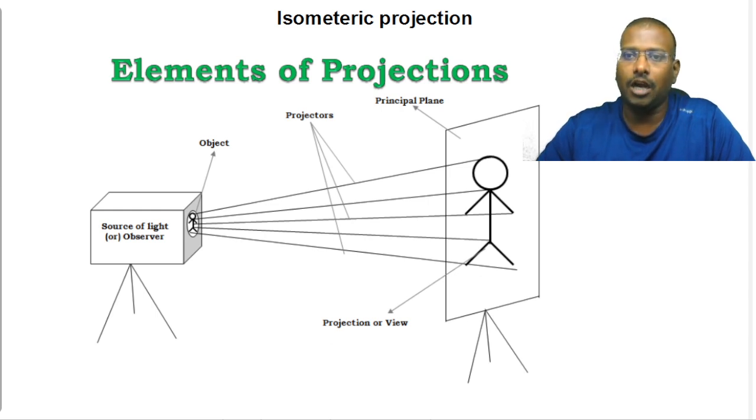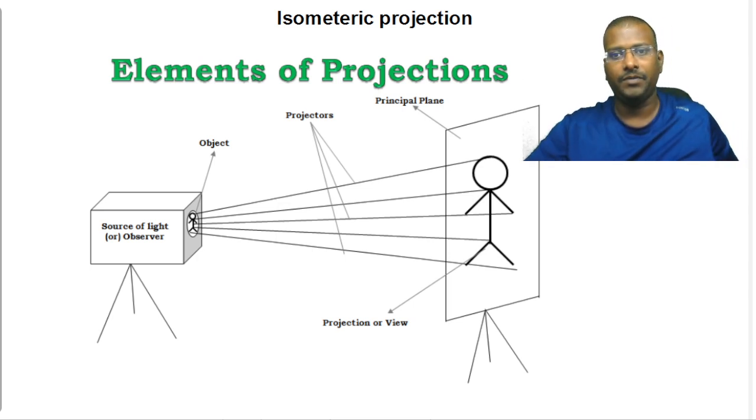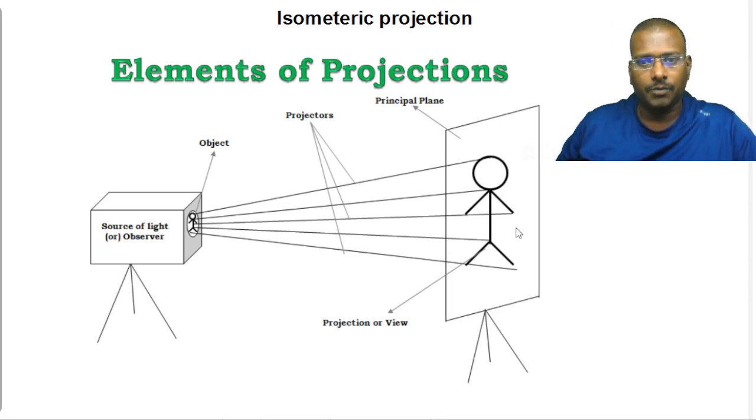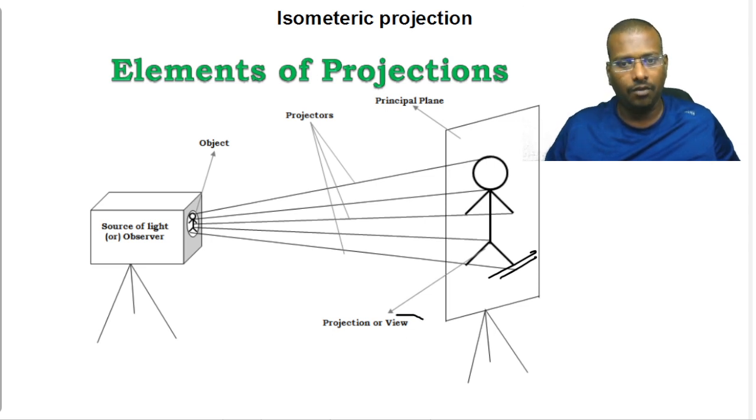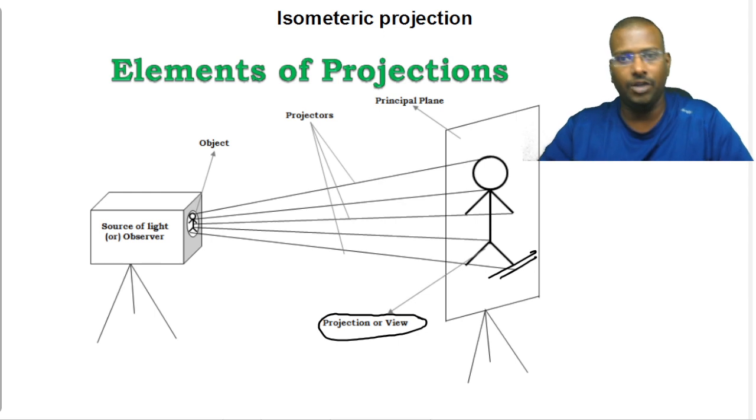If there is an obstacle, which is considered as the principal plane, the shadow will fall on the obstacle. This particular shadow is called projection or view. This information was given in the previous videos, just go through them.